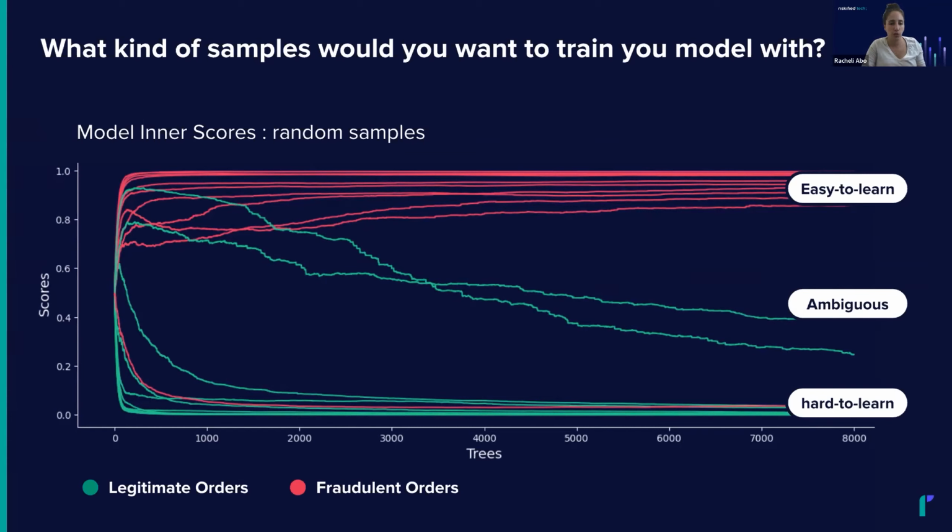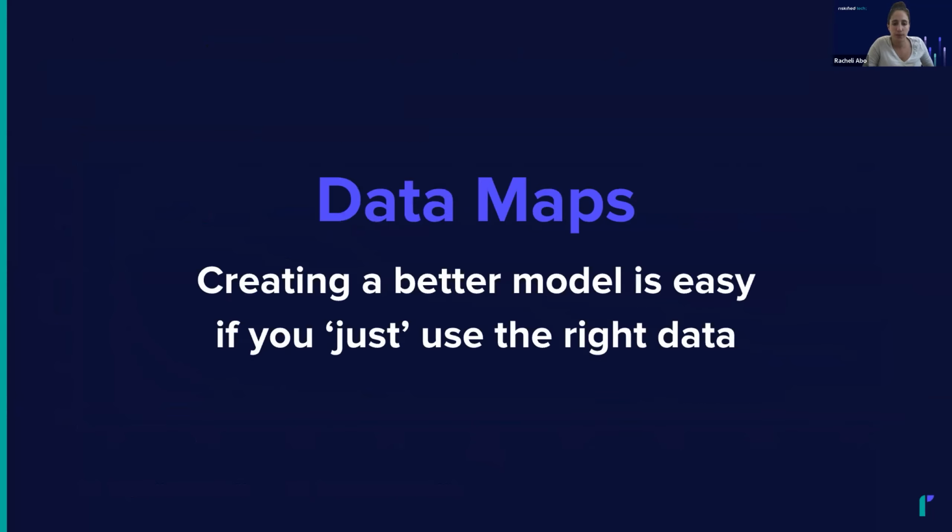Now, my question to you: out of the three types of samples that we see here, easy to learn, ambiguous, and hard to learn, what type of samples do you think are best to train your models with? And I think I can only see the host, so please think about what you would choose and keep your answer in mind, and we will move on.